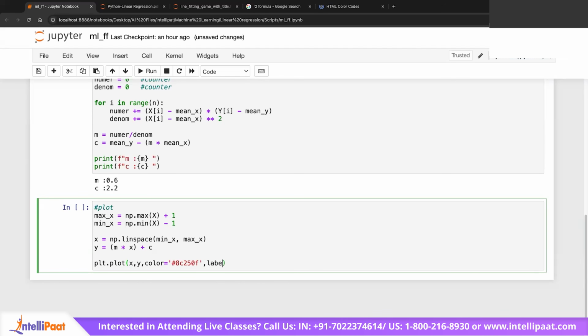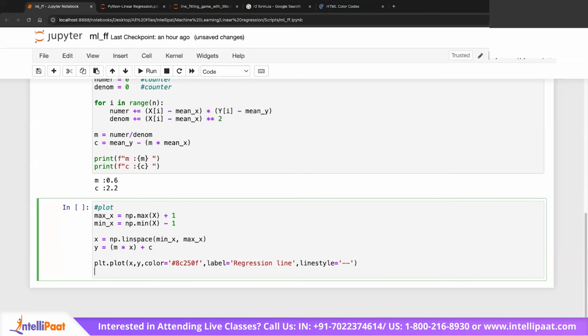So what I'm doing here is I'm writing a label because this is going to be my regression line that we have just calculated. Line style, I'm going to keep it dashed so that you guys understand. That's more than enough. I will take no alpha if you guys don't want it.